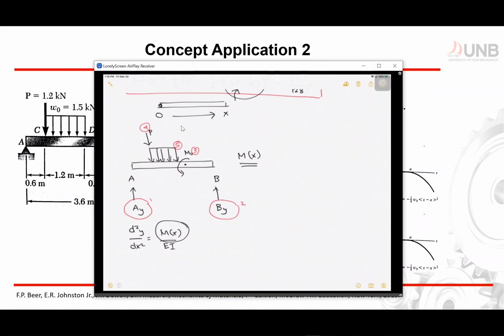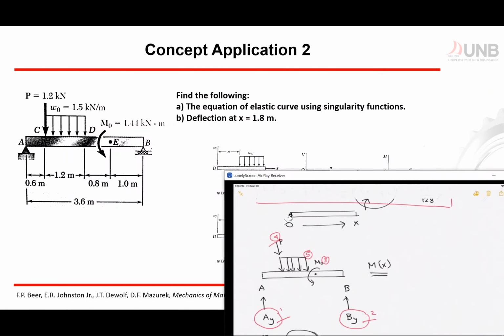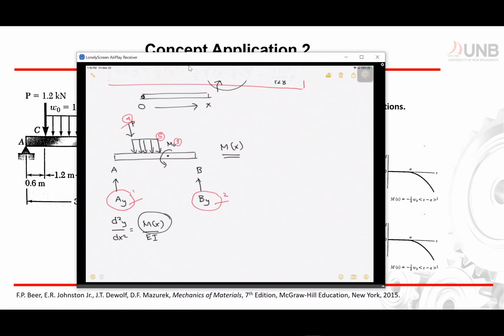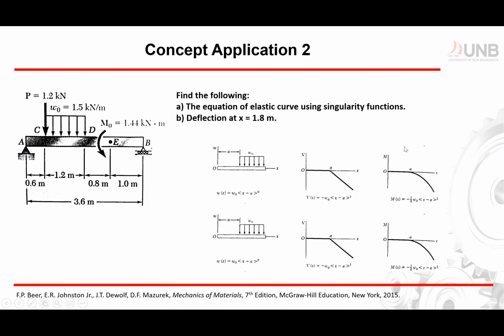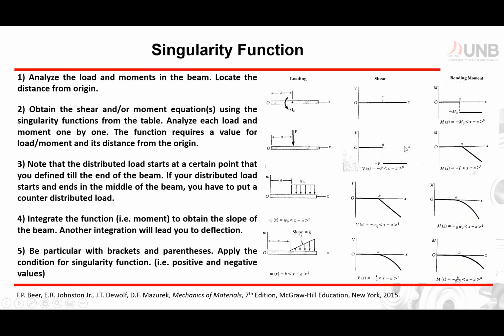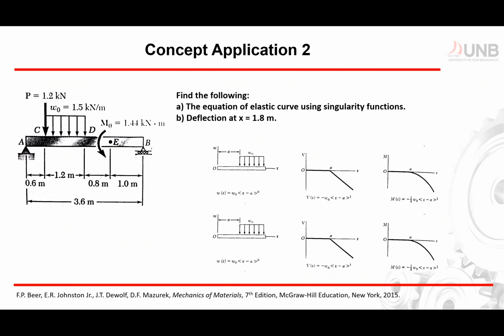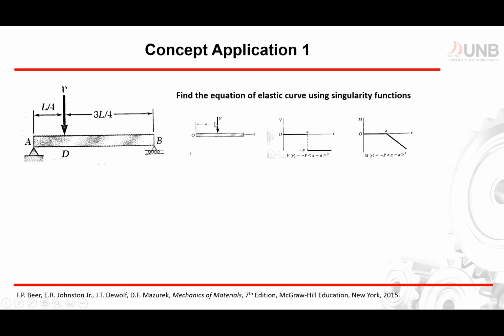Now, the thing here is I have concentrated loads, which is AY, BY, and your P, which is not a problem. If we look at the table right here, here I have my concentrated load. I should not encounter any problems if I'm going to get my moment right here.